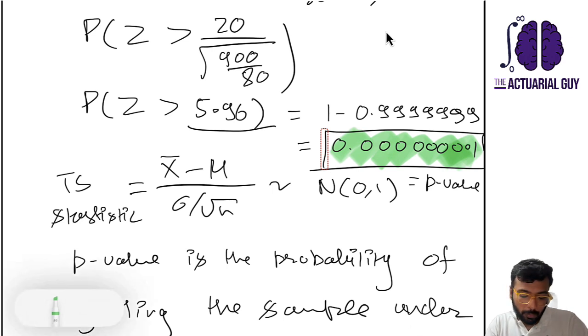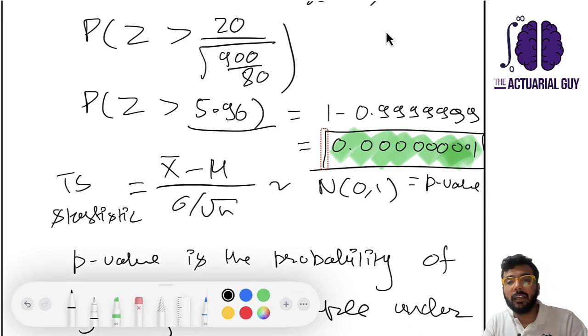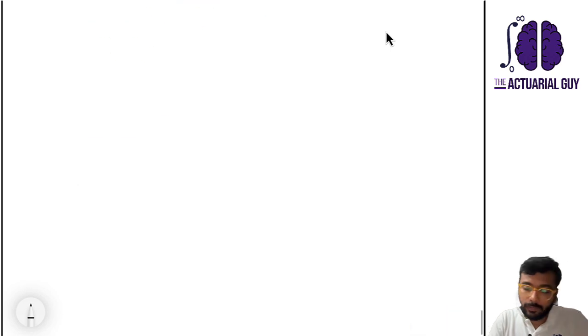Now to formalize, you don't directly reject by looking at the p-value. You have to compare it against something, which is called the level of significance.